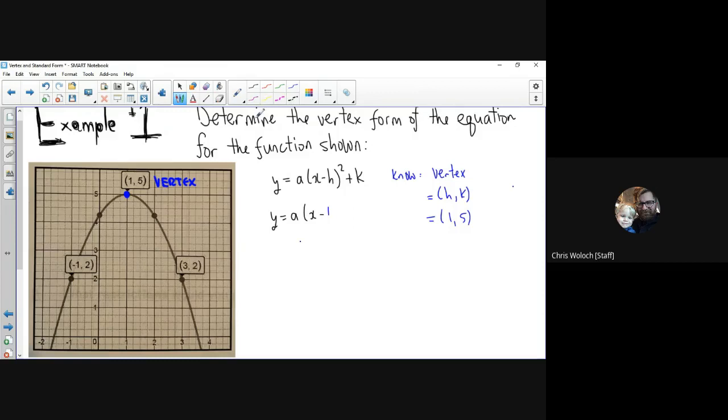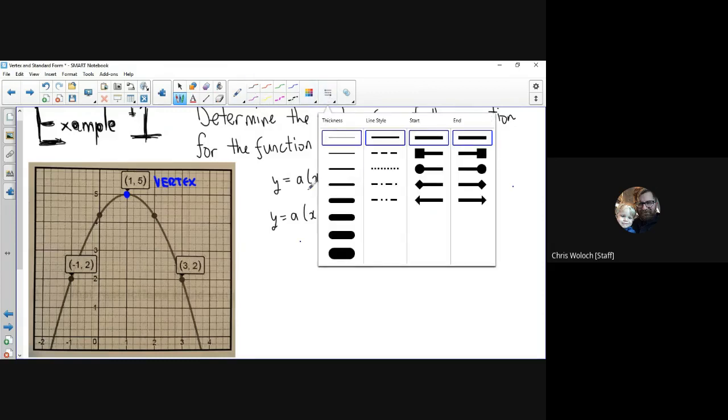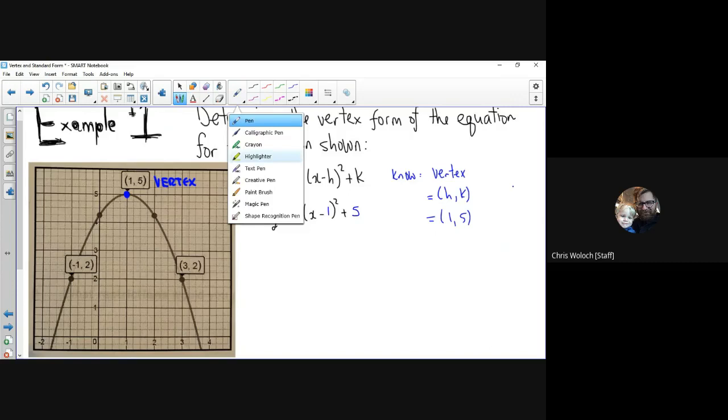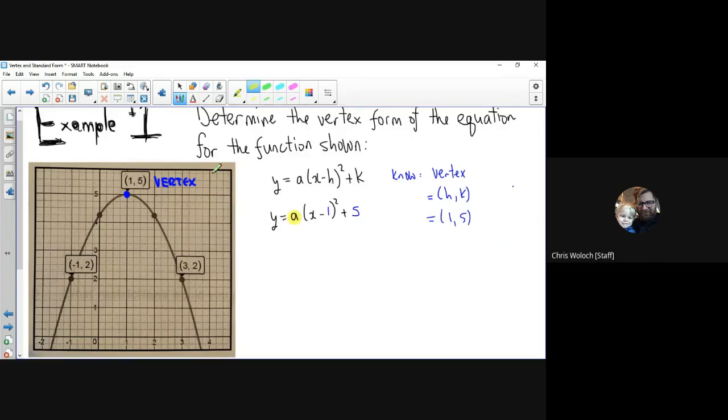So x minus 1 squared, and then plus 5 because the k is positive, all right? So all we're doing is taking the information from the graph and, by process of elimination, figuring out the only unknown, which is the a value.